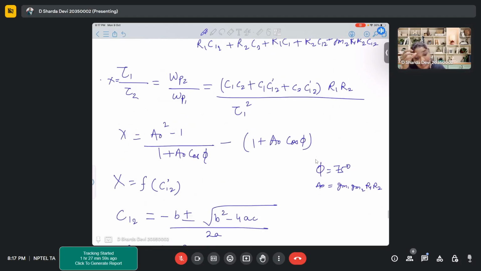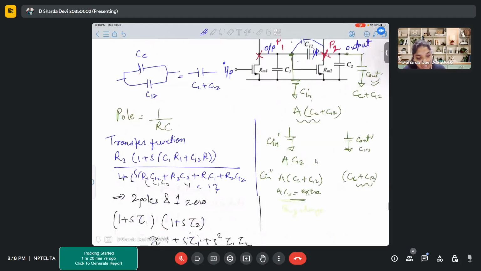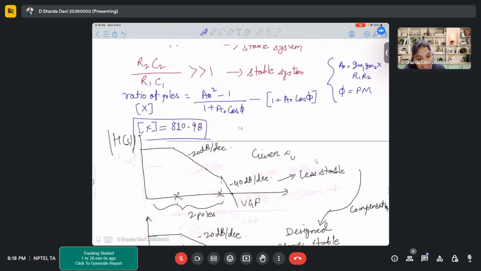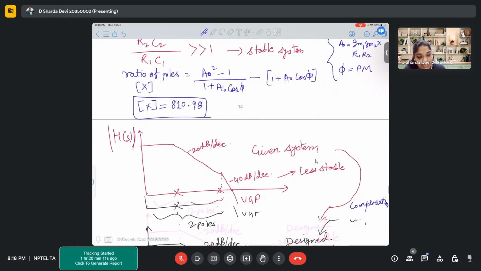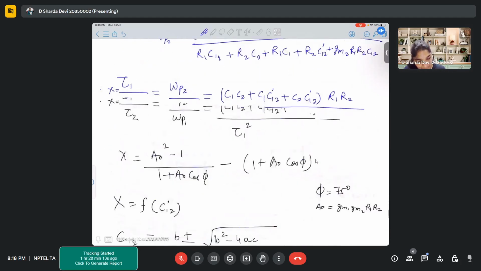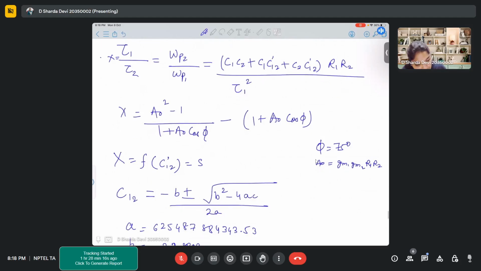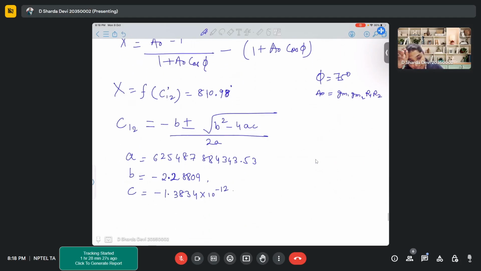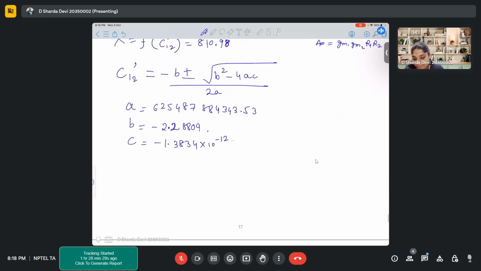Now for 75 degrees of phase margin, you did calculate x, right? We already calculated this x, 810.98. So we will use that same x here, that is 810.98 degrees, and by using that we will calculate the C1 dash, and this is the value of C1 dash that we will be getting.